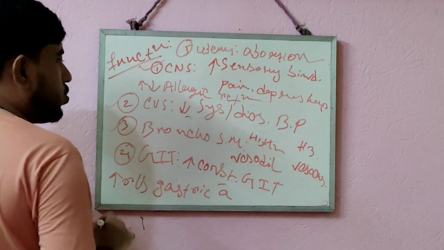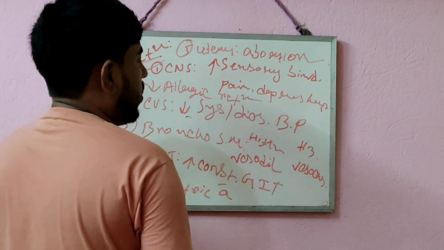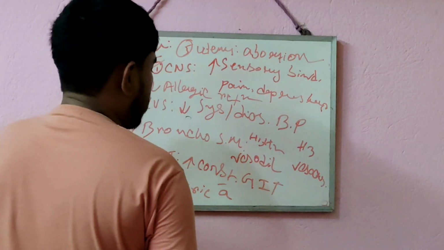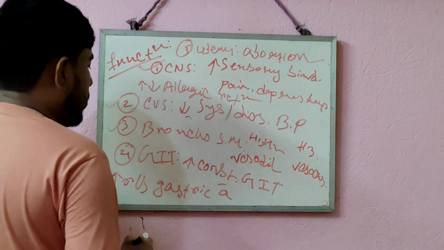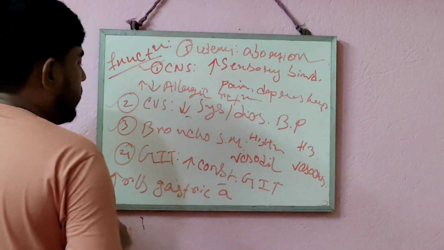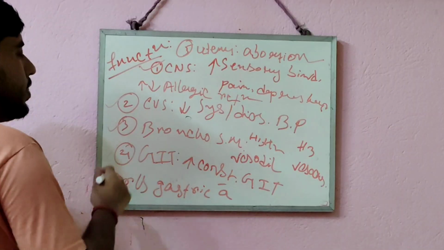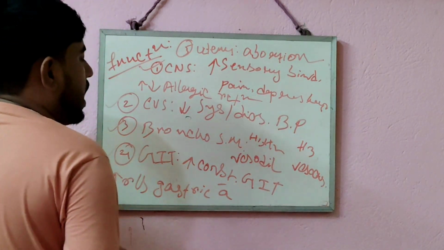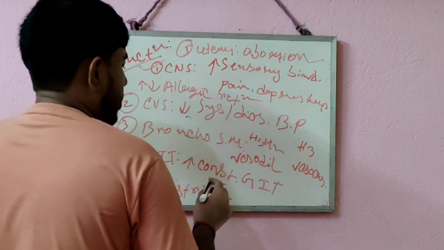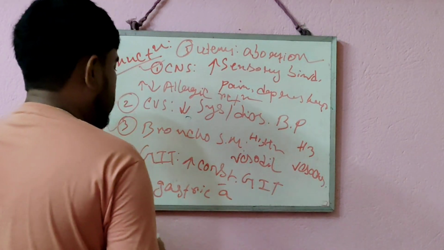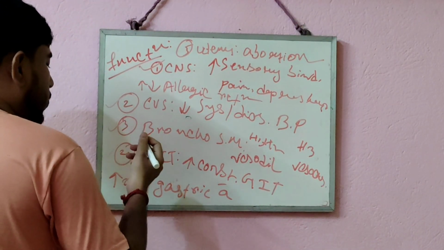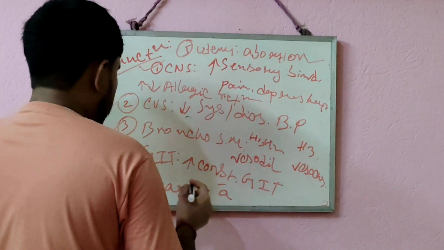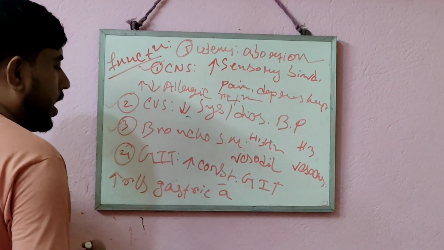In case of bronchial smooth muscle, when histamine binds with the H1 and H2 receptors, it shows vasodilation. In the gastrointestinal tract, when histamine binds with the H1 and H2 receptors, it increases the constriction of the GIT, which leads to an increase in the release of gastric acid.